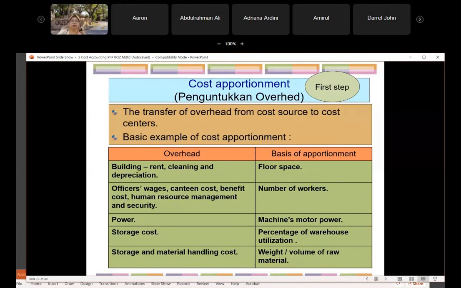Okay. Cost apportionment: the transfer of overhead from cost source to cost center. Later we will see what the cost source and cost center are.